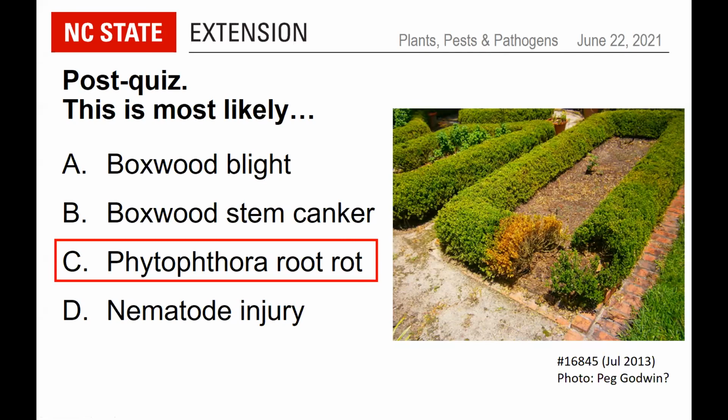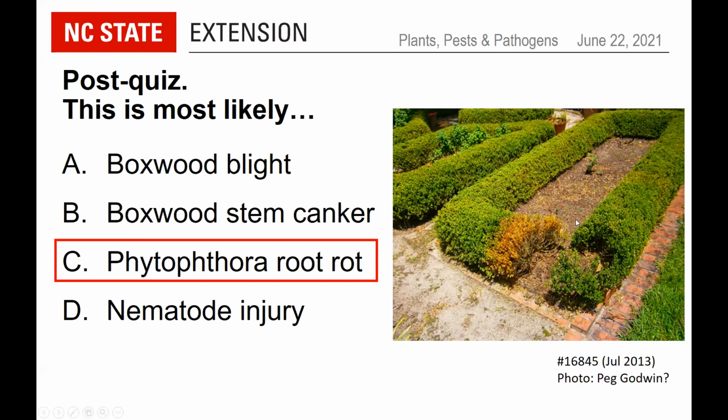And you don't see it working its way up from the lower portion of the plant up to the top. Stem canker, likewise, it wouldn't be that whole section there, at least not as your first guess. You would think that it would go to individual branches first on the plant.